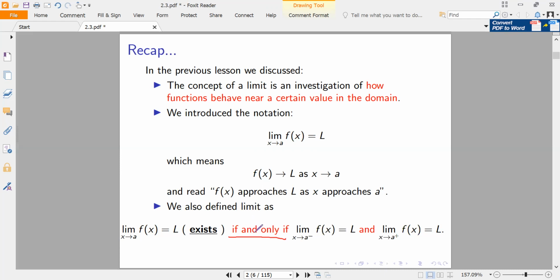If and only if means that if the limit exists, then the limit from the left and the limit from the right are the same. And if the limit from the left and the limit from the right are the same, it means the limit exists. It's not just an if, but an if and only if, so it works in both ways.